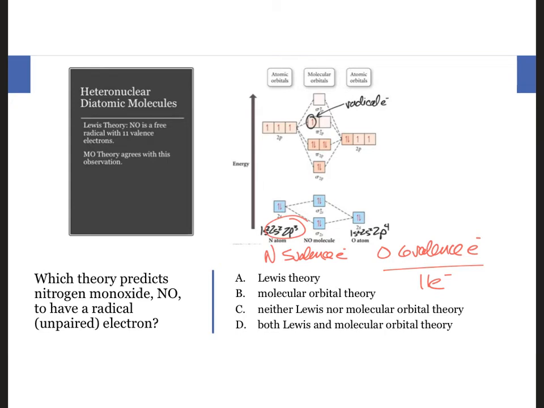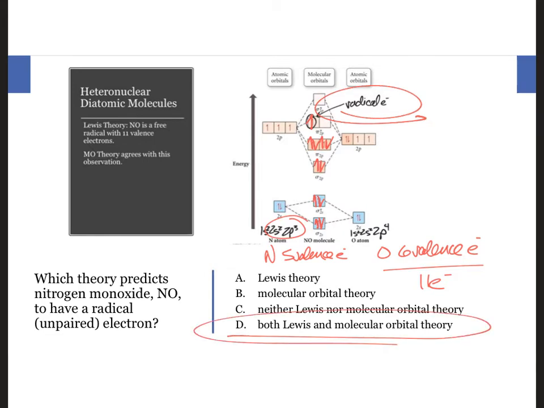And so we see those coming in here. 1, 2, 3, 4, 5, 6, 7, 8, 9, 10, 11. So we wind up with that lone radical electron. This is predicted by both Lewis and MO theory.